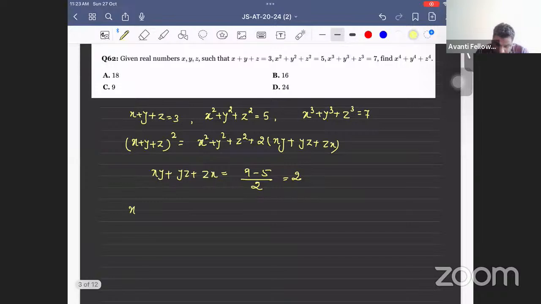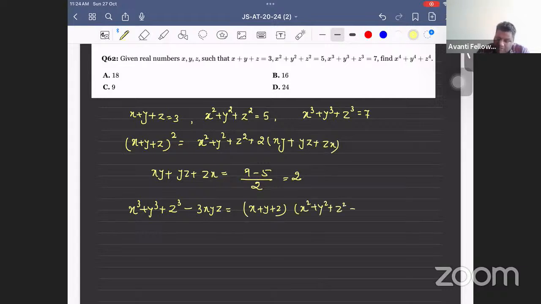Now another information that we have is x cube plus y cube plus z cube minus 3xyz will be (x plus y plus z) into (x square plus y square plus z square minus xy minus yz minus zx). Got it?